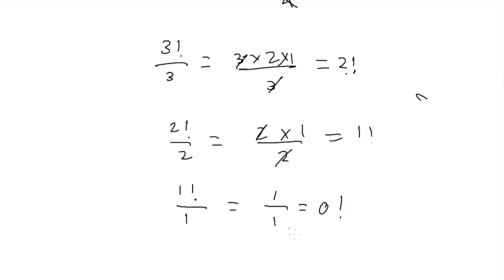So that is just 1 divided by 1, and you get 0 factorial equals 1. And that is one way to prove that 0 factorial equals 1 by forming a series like this.